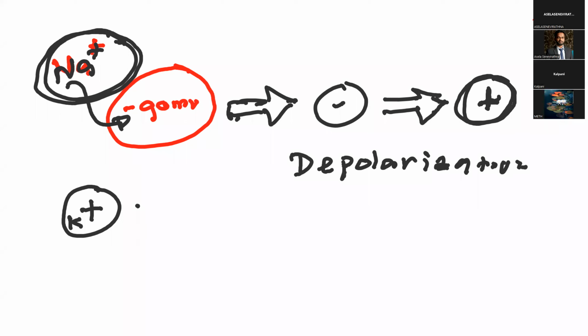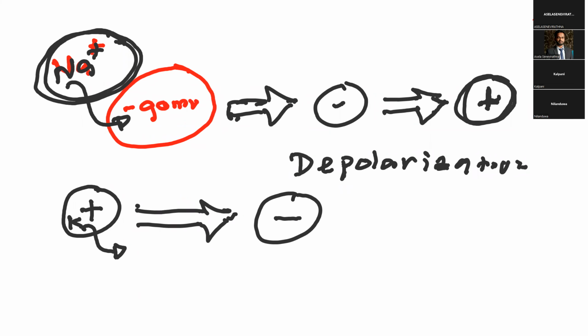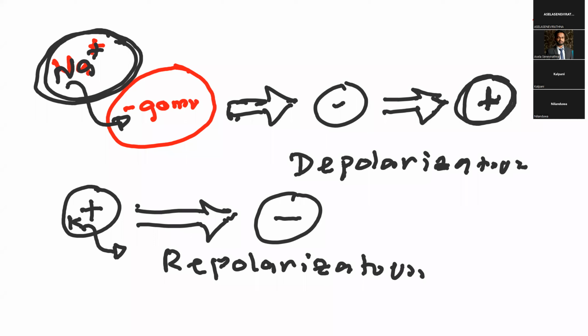So after depolarization, this potassium goes out and these positive cells convert back into negative cells. So this is called repolarization. This is the major concept of the heart activity.